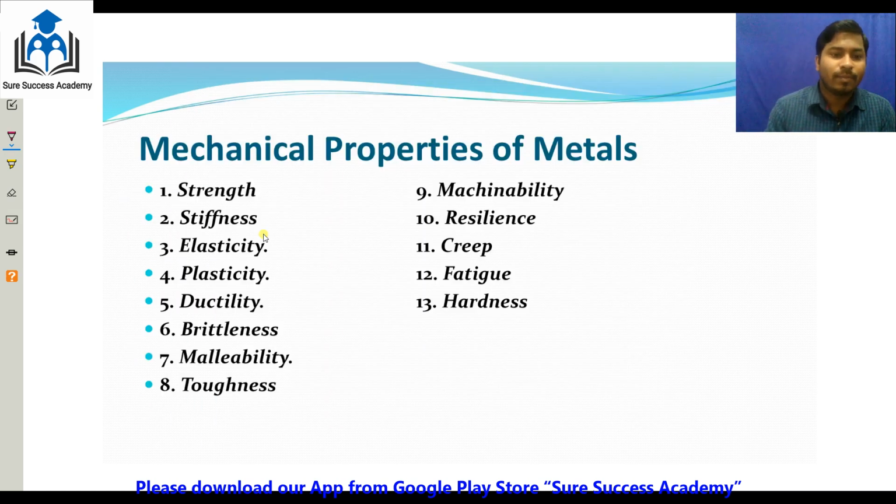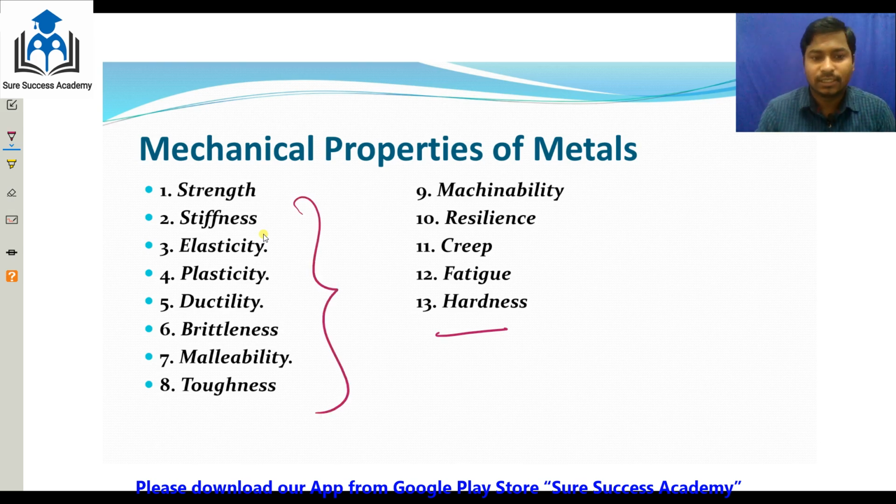In mechanical properties, we will see 13 properties: strength, stiffness, elasticity, plasticity, ductility, brittleness, malleability, toughness, machinability, resilience, creep and fatigue, and hardness. These 13 properties we will see one by one.